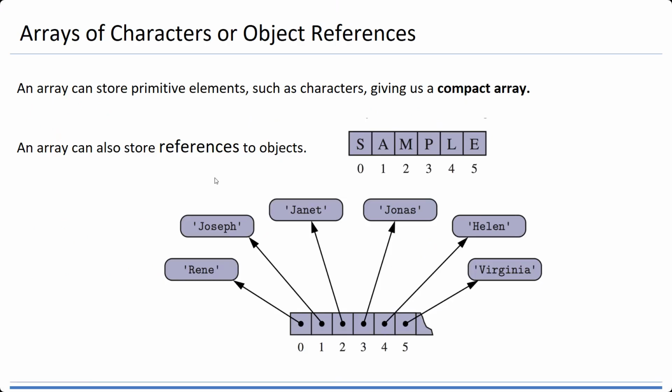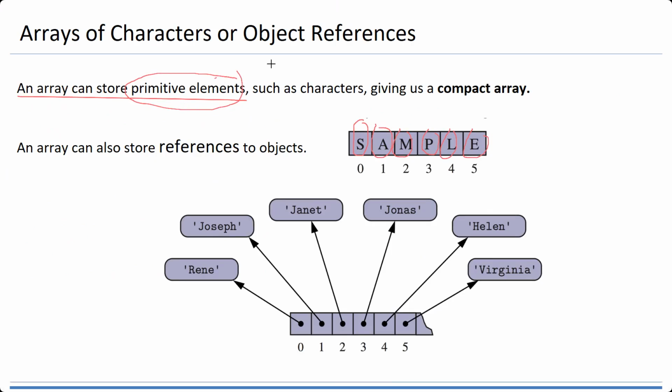If we look at the array, it is something like an object in every single memory address, like this one. We call this a single memory address. An array can store primitive elements. What are primitive elements?